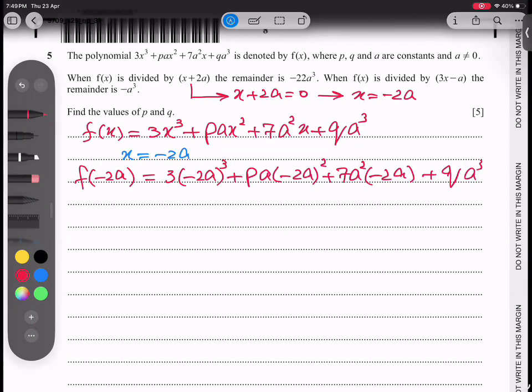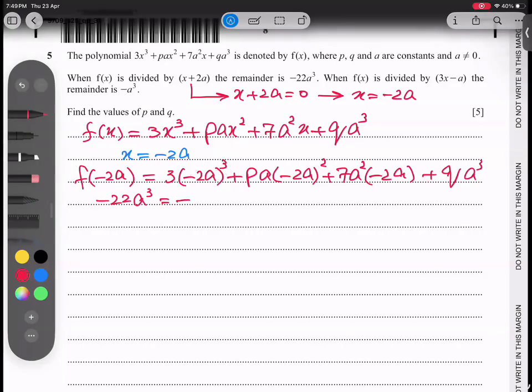Let me recheck. Negative 2a, I'm copying negative 2a. Yes, this is correct now. But he said his remainder is negative 22a cube. So I'm replacing it here. Negative 22a cube. Due to power 3, negative will come out.